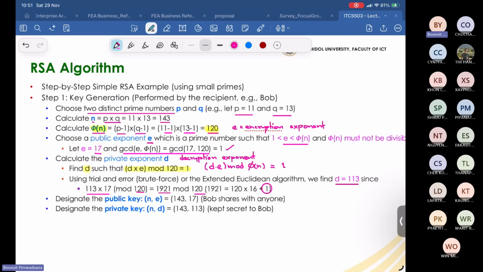And once we have this, we will say that E is part of key number 1. Key number 1, or the encryption key, is the two numbers N and E. And the decryption key is N and D. So we have two keys, the encryption key and the decryption key.